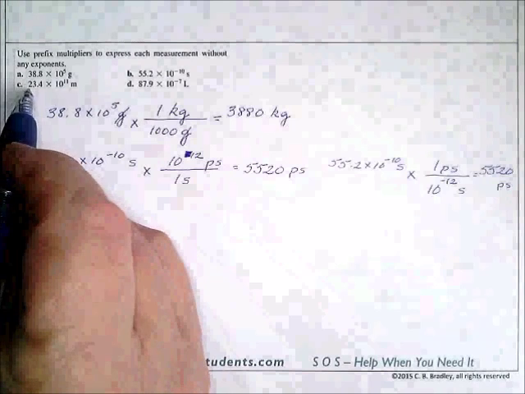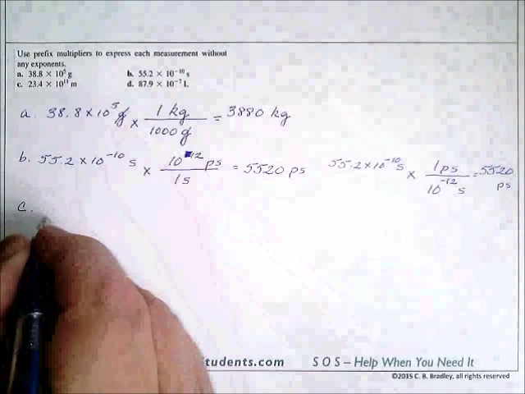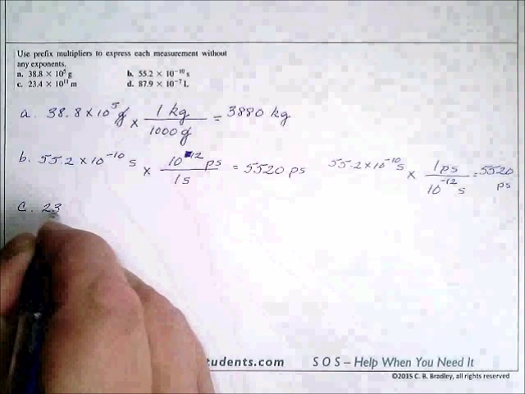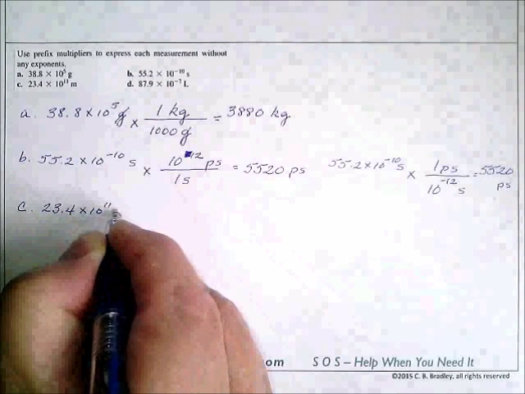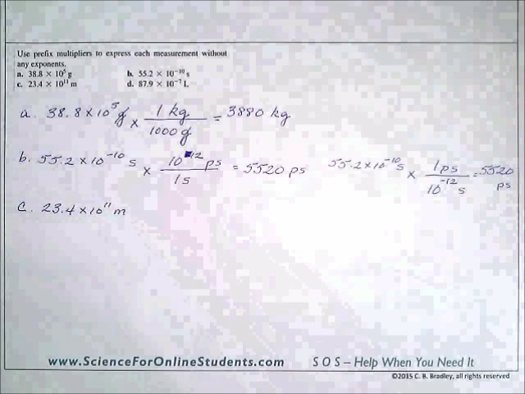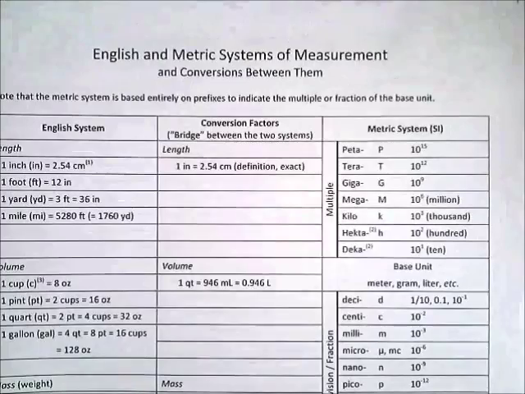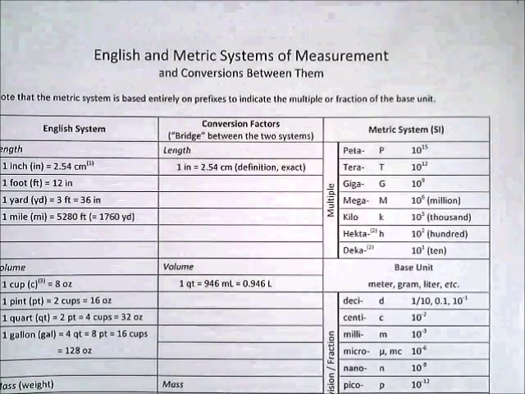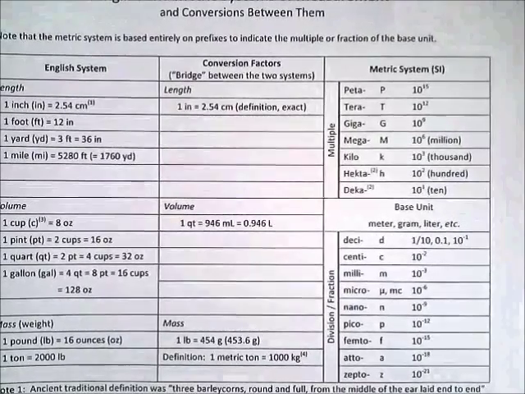C, 23.4 times 10 to the 11th meters. Okay. Our sets of exponents tend to run in multiples of 3. Okay.